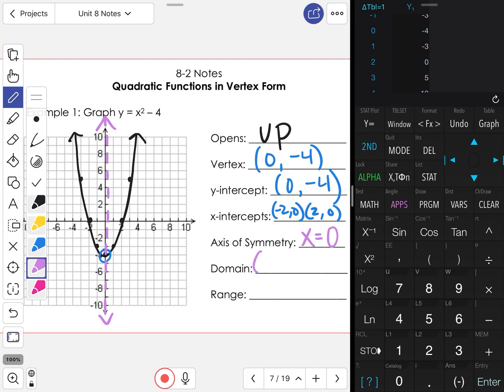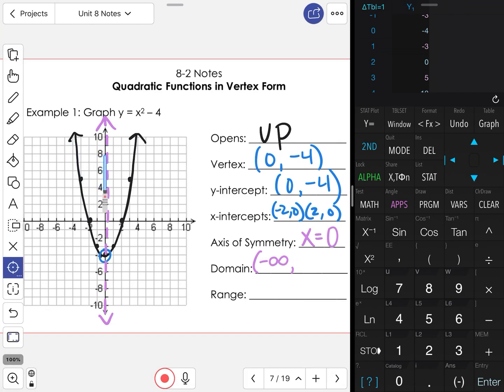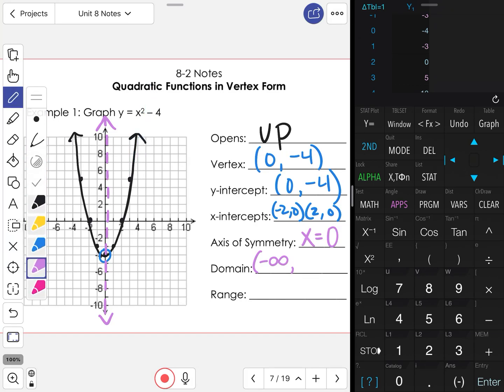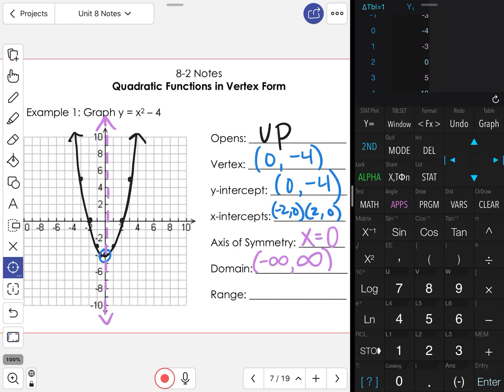So that means I'm starting at -infinity. And whenever you have an infinity, you have to use a parentheses. Okay, then the last time I touch my graph is at another arrow, so it's going on and on forever towards +infinity. So I'm going from -infinity to +infinity. Okay, then you need to drag a horizontal line across your graph.